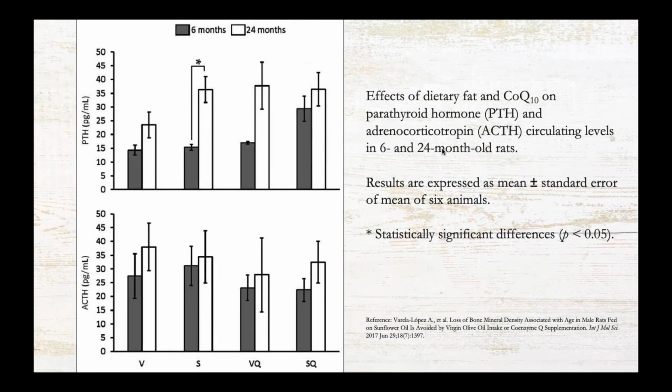And again, whether you're looking at 6 months, 24 months, you find the omega-9, monounsaturated olive oil, not a great source of omega-3s, but doesn't contain nearly as much omega-6s as the sunflower oil. So that's the primary effects that you're going to see here on that particular area of health.